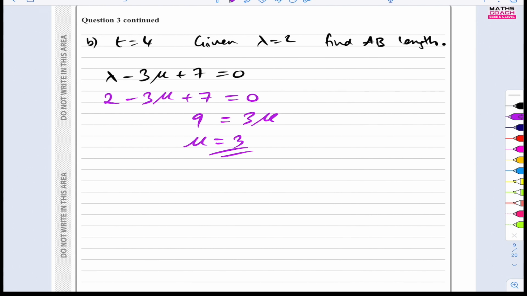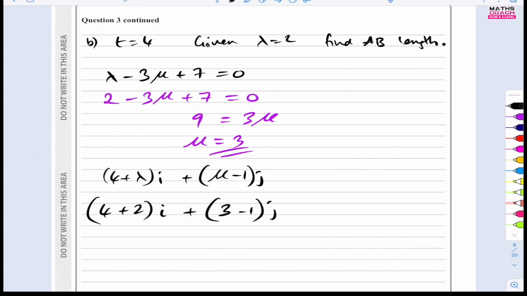We can substitute both those values back into that resultant force we had. That's going to be 4 plus 2, that's your i, and 3 minus 1, your j. That gives us 6i plus 2j. So that's our resultant force.